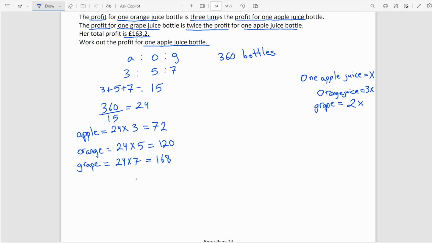So I know that my total profit was equal to 163.2. How did I get this profit? Well, I sold 72 apples at a profit of X. So 72 times X. Plus, I sold 120 orange juice at a profit of 3x, so multiplied by 3x, and I have sold 168 grape juice at a profit of 2x, so multiplied by 2x.